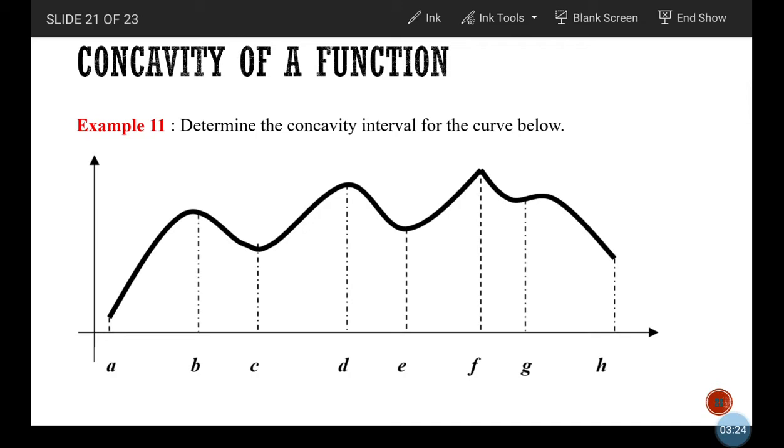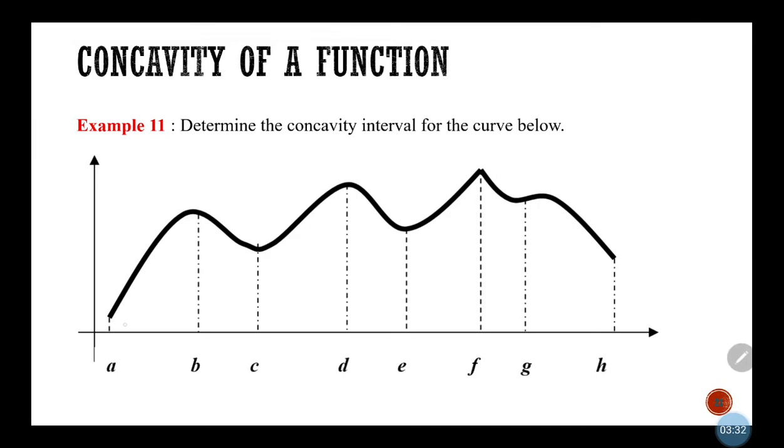So let's analyze this example 11. Kita try untuk analyze the curve here. We start from A to H, the points here. Kita ada dia punya interval A to H here. So let's determine the concavity intervals for the curve below. So tengok, kalau curve ni, nampak yang macam ni.